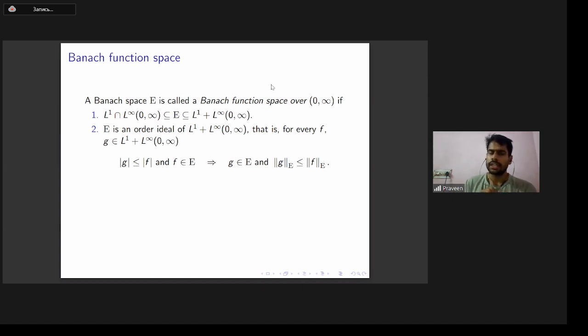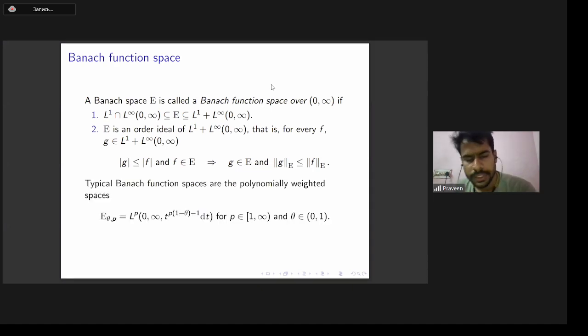One typical example of a Banach function space is the polynomially weighted Lp space. If we look closely, this is the same space that we discussed in the previous slide for the classical real interpolation theory. So in the classical real interpolation theory, the only Banach function space used is the polynomially weighted space, but our work holds for all Banach function spaces.